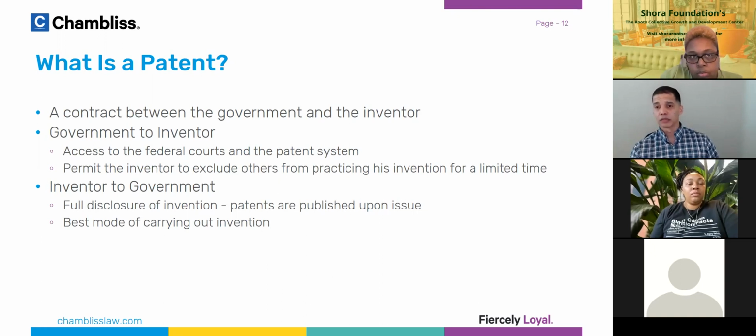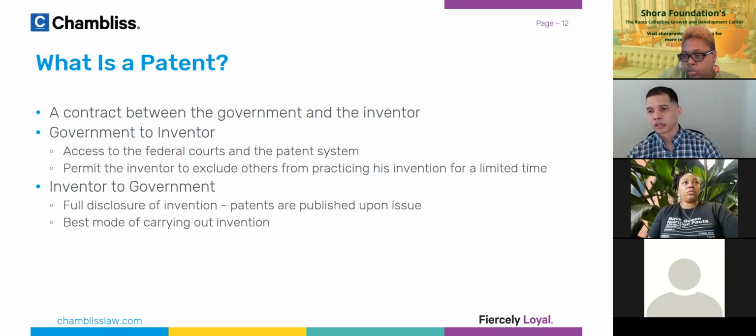What it doesn't do is say that you can make your own thing. If Tanika, you've invented the newest, greatest chair, it's got 4 legs, right? For some reason it's patentable. And you get a patent on the 4-legged chair. Well, you can keep other people from making that 4-legged chair, but it doesn't necessarily mean that you can make it.